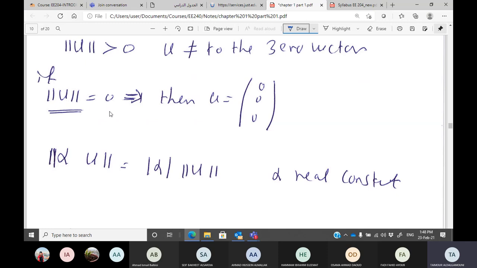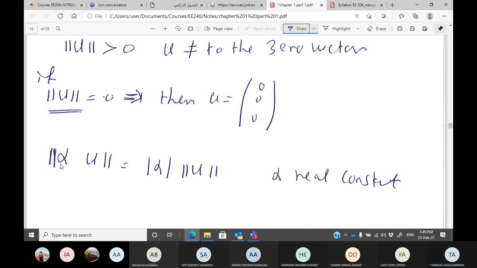If the norm of u is equal to 0, this means that all components of u are zeros. That's the only case when the norm of u is 0. So the norm of u is 0 if and only if all components of u are zeros.